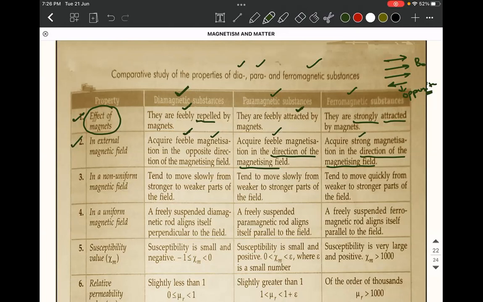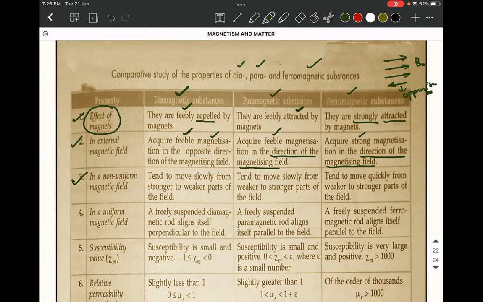Similarly, when you talk about a non-uniform magnetic field, diamagnetic substances start moving slowly from stronger magnetic field to weaker magnetic field. If you recollect how glass responded, right? Glass started turning in the direction perpendicular to the magnetic field, right?